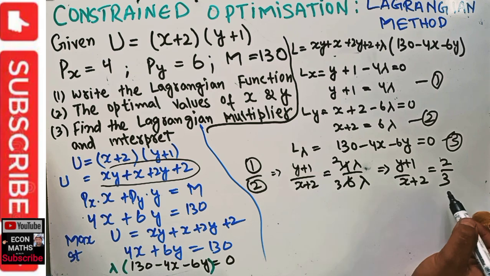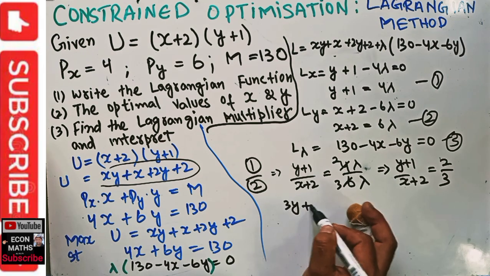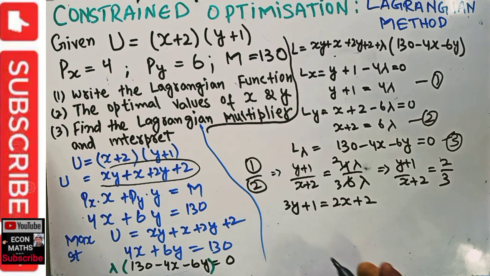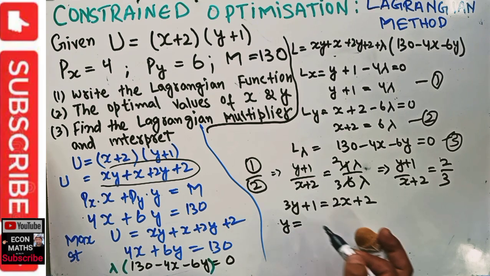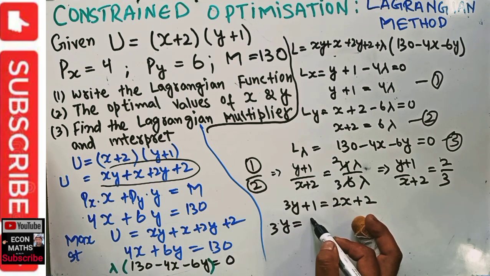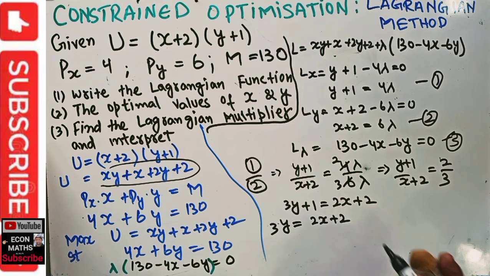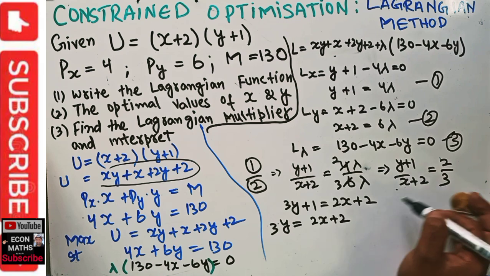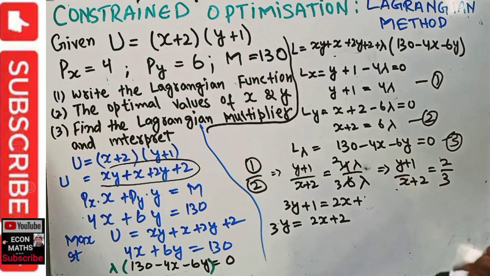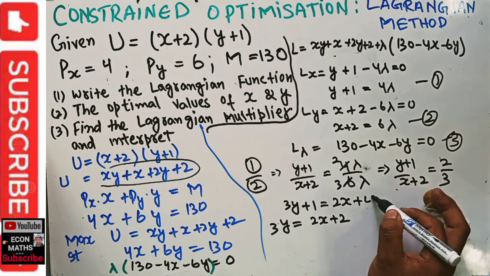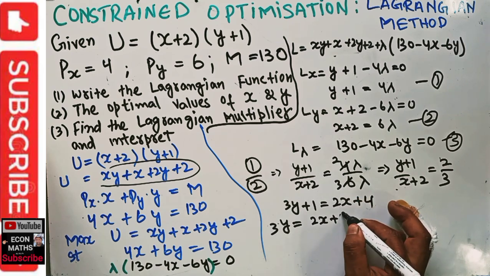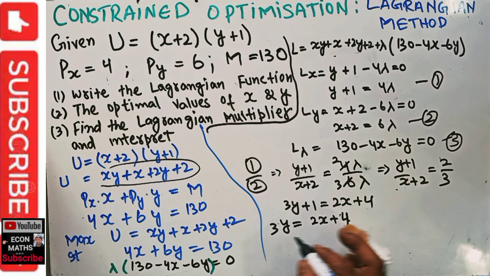Let us solve this. So this becomes 3(y plus 1) is equal to 2(x plus 2). That gives us 3y will be equal to, sorry, it is here 2x plus 4, and transposing this, it will get subtracted.